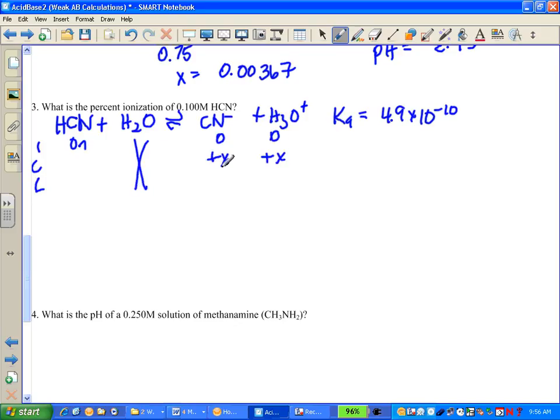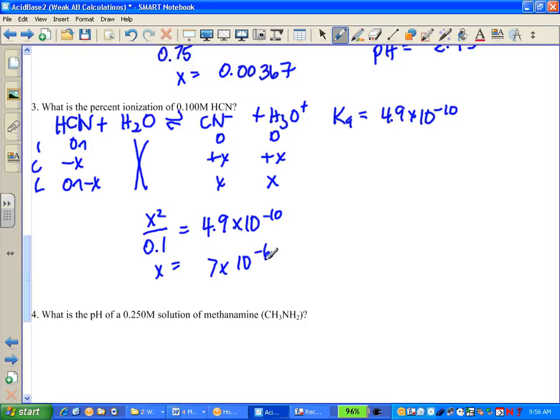These increase by X. Because it's so small, I'm going to be able to make the assumption. So I've got X squared over 0.1 is equal to 4.9 times 10 to the negative 10. And when you solve for X, you find that you get 7 times 10 to the negative 6.